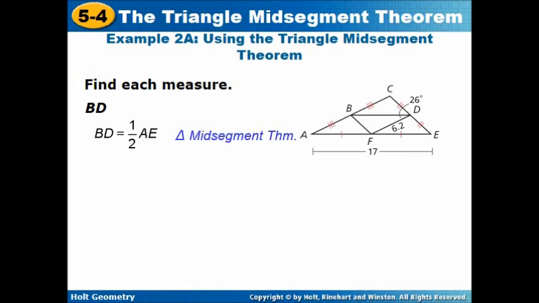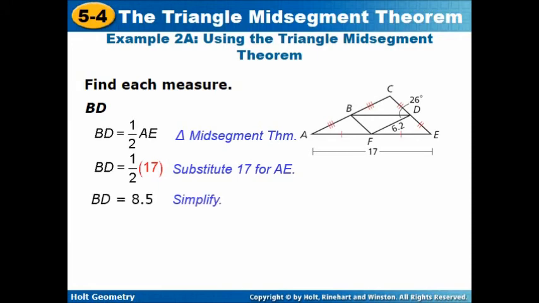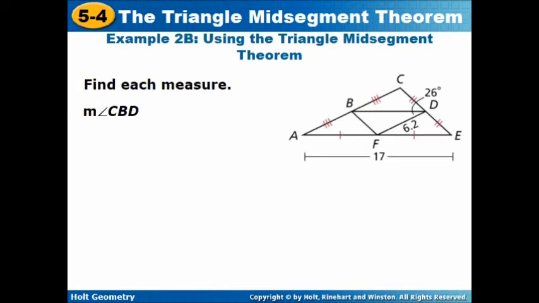And AE is already identified as 17 units. So we're going to substitute 17 for AE. And when we do that and simplify, you're going to find that line segment BD, which is the midsegment, is 8.5 units.